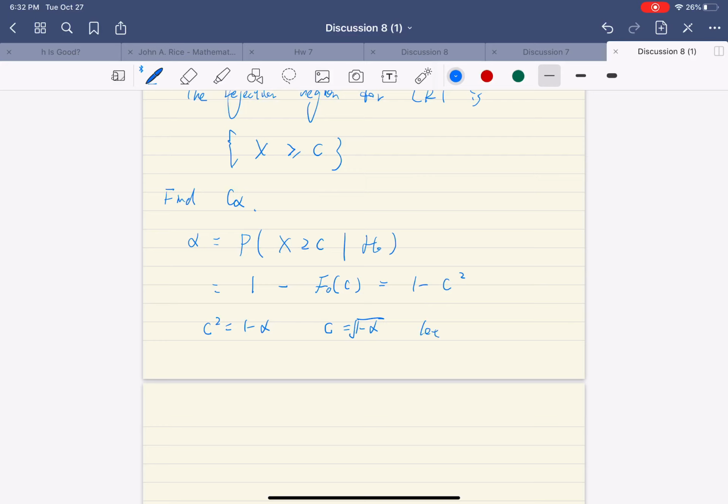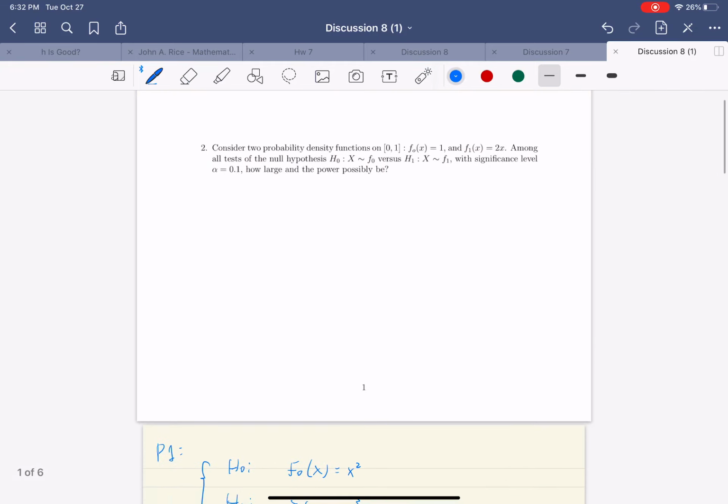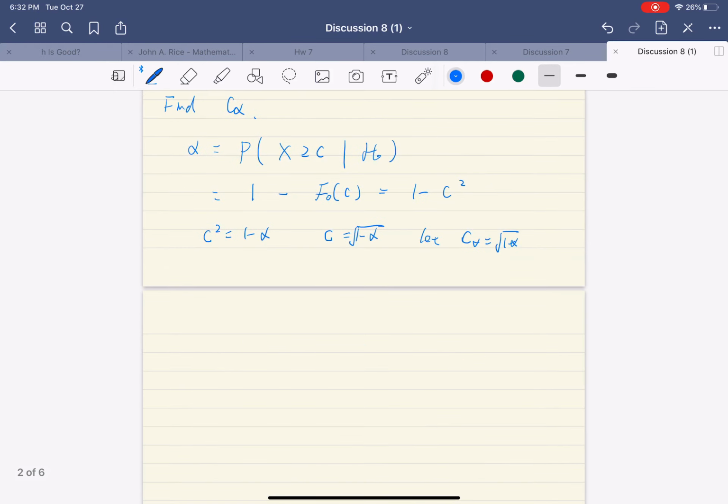So we can let c alpha equal to this. Now we have the likelihood ratio test: we reject when x is greater than this, accept when x is smaller than this.